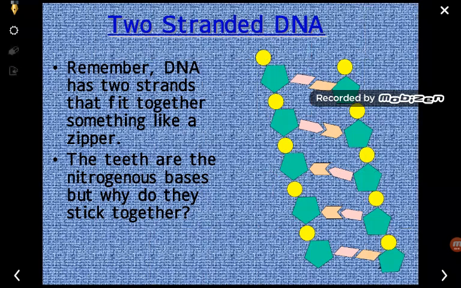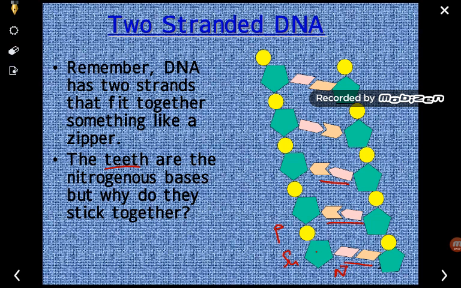Now, the 2 strands of the DNA. Remember, DNA has 2 strands that fit together, something like a zipper. Here are the two strands of the DNA, and these are the bases, these are the sugar and the phosphate. This is sugar, this is phosphate, and these are the nitrogen bases.